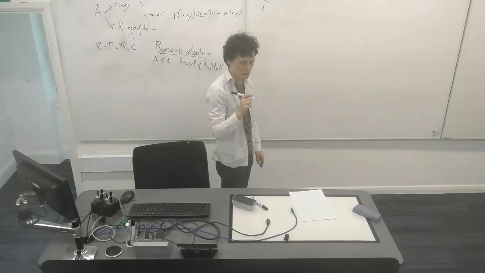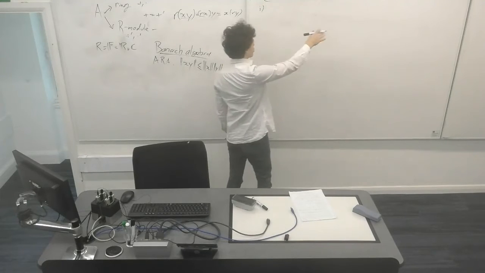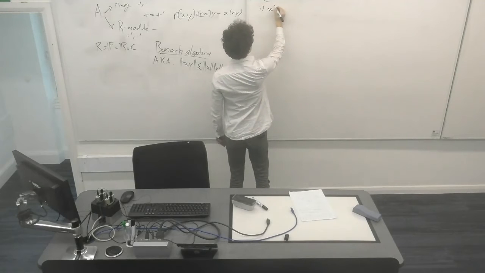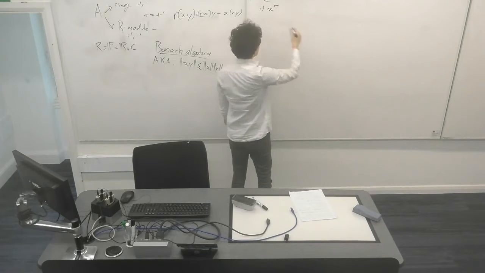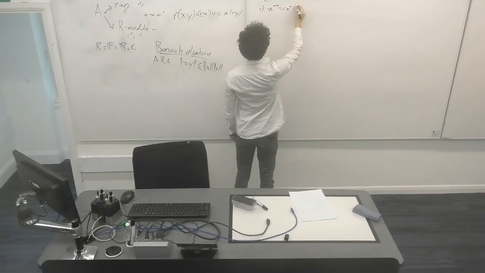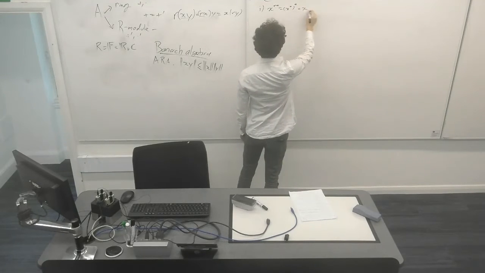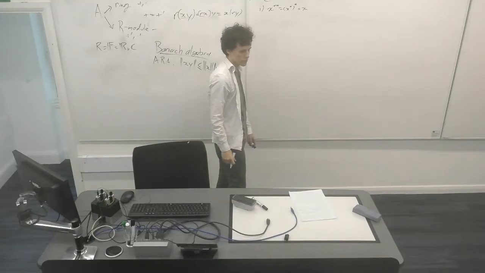It is an involution, which means that x star star, taking the function twice, equals x itself.